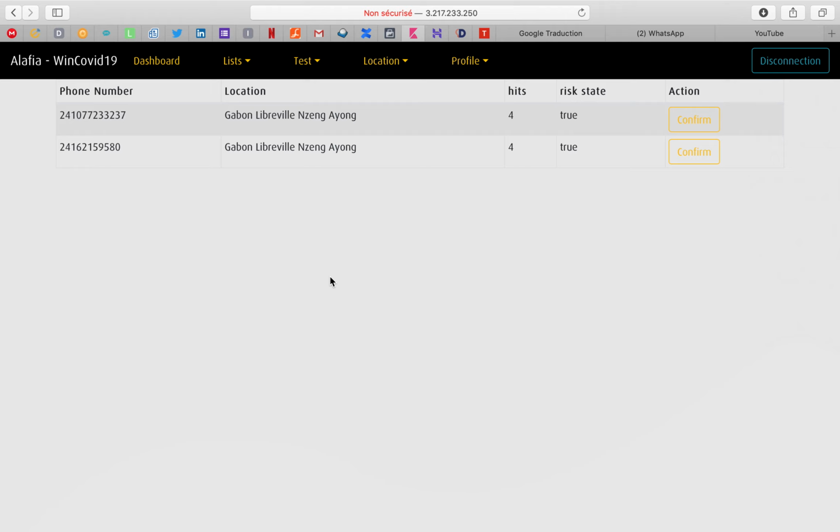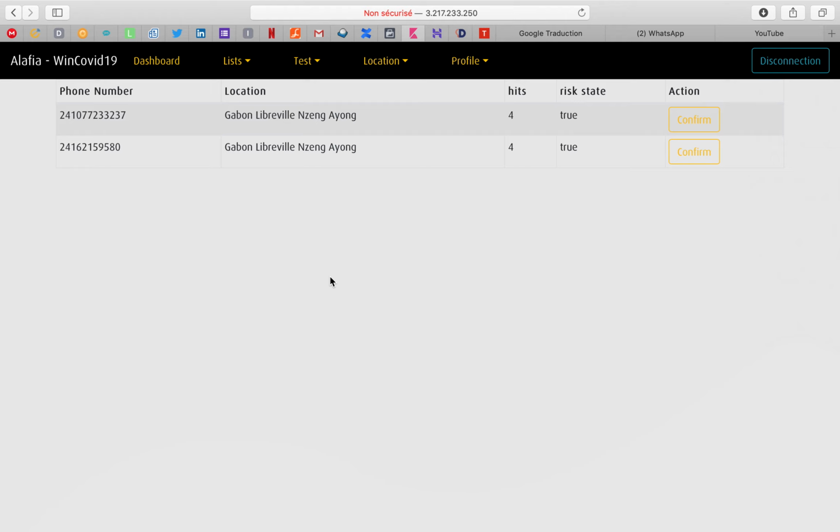Our algorithm is based on a WHO report published in February entitled Report of the WHO China Joint Mission on Coronavirus Disease 2019-COVID-19, notably relayed by the French doctor Dominique Dupagne on his summary page on COVID-19, and which specifies the frequency of COVID-19 symptoms in this group of population, this Chinese population of patients, which are confirmed by laboratory, with the rate relative to each symptom of infected cases observed in the portion of this test population.